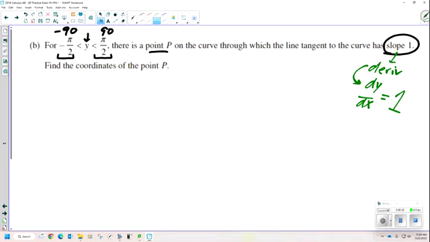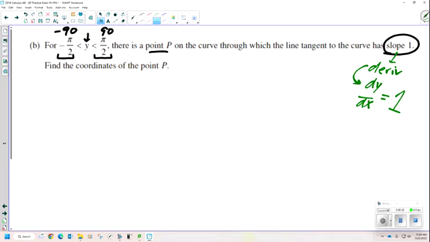Where do I go if I have one coordinate and I need the other? Not the derivative. The derivative is a slope. I go to the original equation, if I have an x and need a y, or in this case, I have a y and need an x.